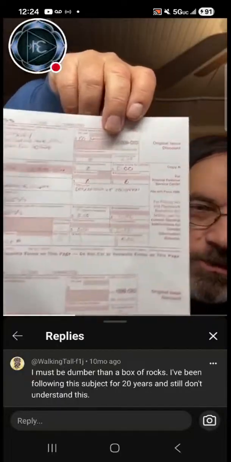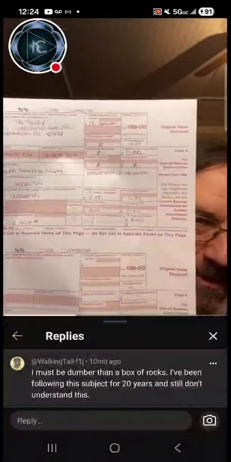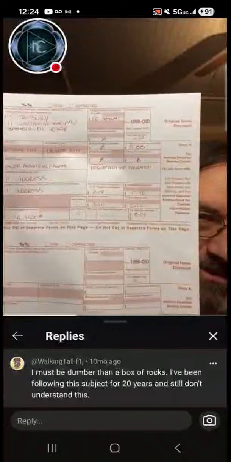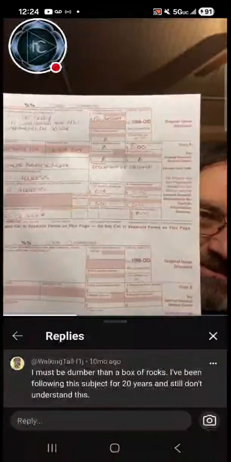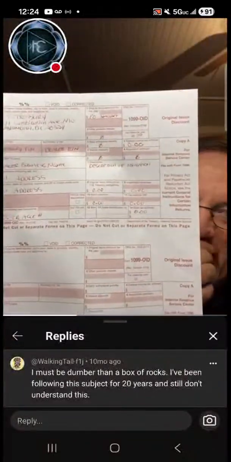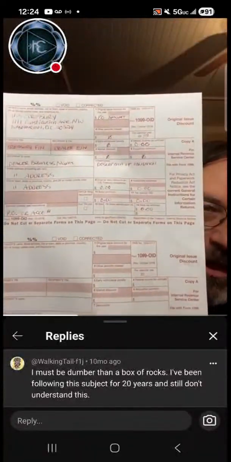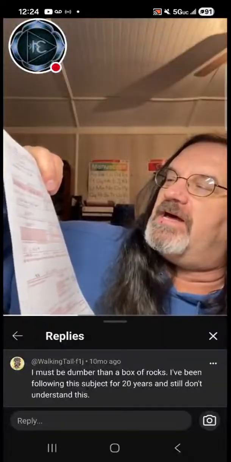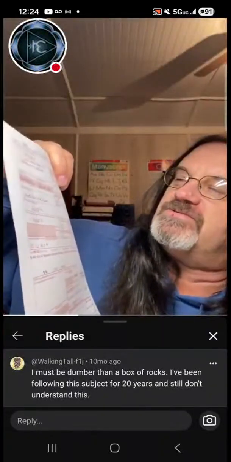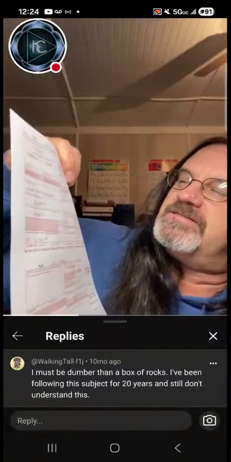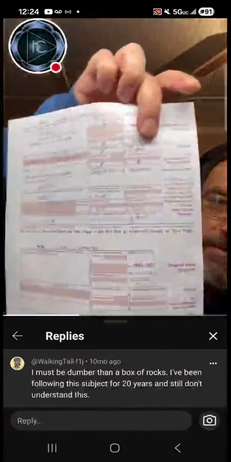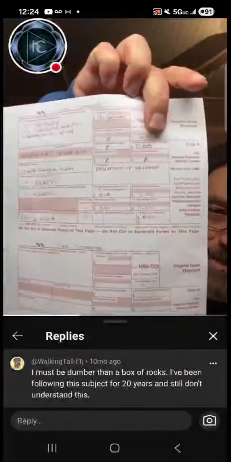Okay? You don't pay taxes, remember? The trust is responsible for the taxes. So you're not paying any taxes. There's nothing to withhold. There's also early withdrawal penalties, market discount, and acquisition premiums. Those will all be zero.